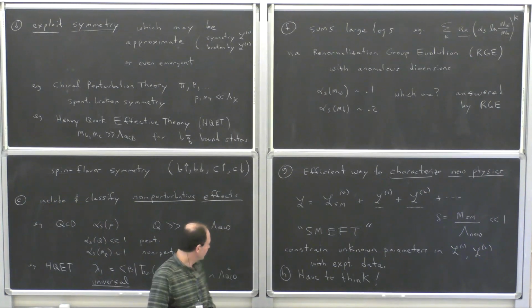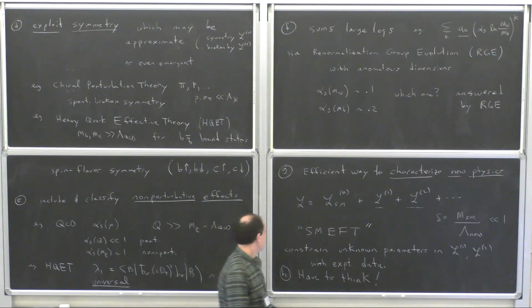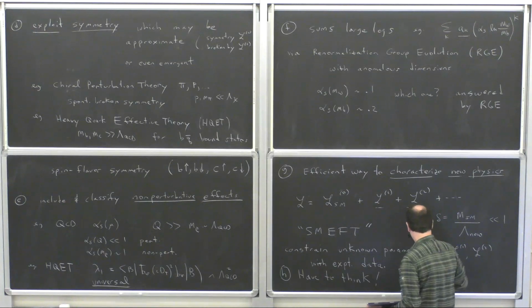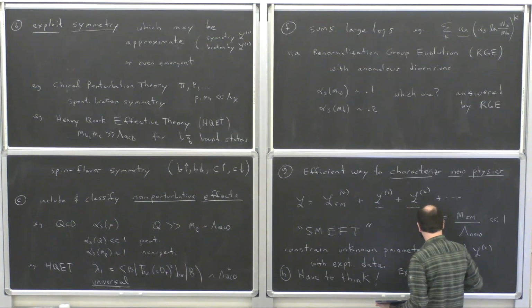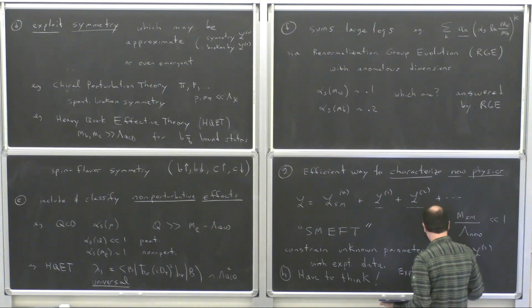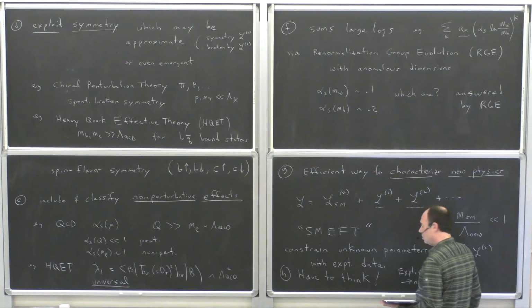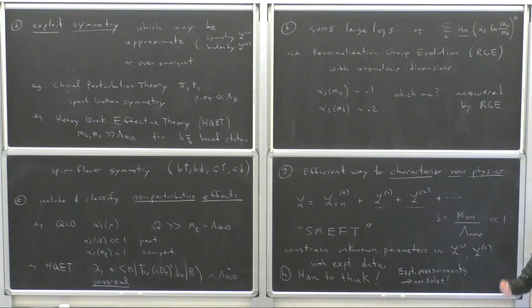Another thing that maybe is the most important one is that depending on what kind of experimental measurements you make, experimental measurements can produce new scales. There could be an experimental resolution. There could be some experimental cuts on the data.